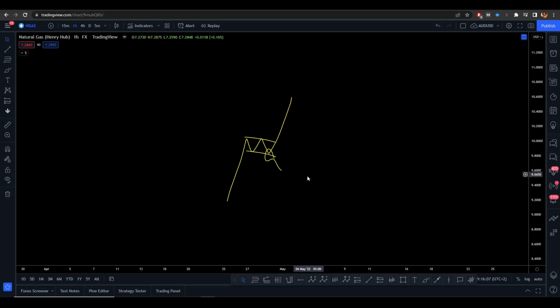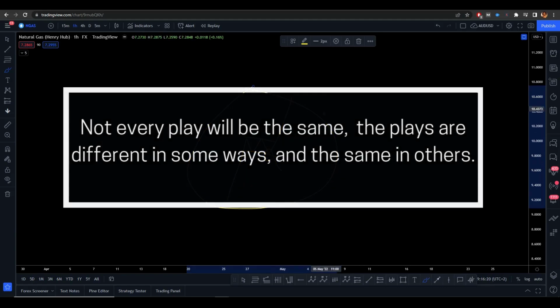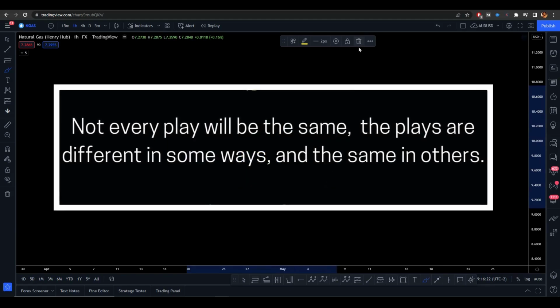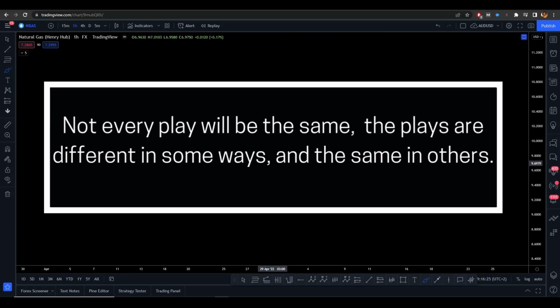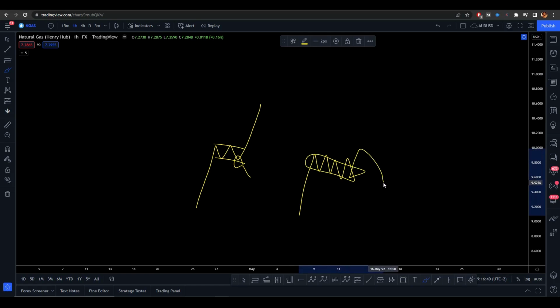But this in itself is very superficial, and we need more data than just this to trade a bull flag, because every bull flag is unique. How many times have you not taken this kind of trade where it's done this? You find the move up, then you find the correction or the bull flag or the pattern in here. It comes up and it does this, retraces right back.